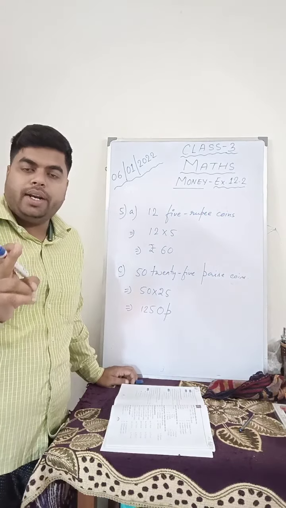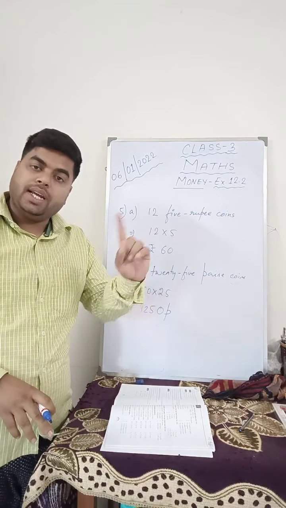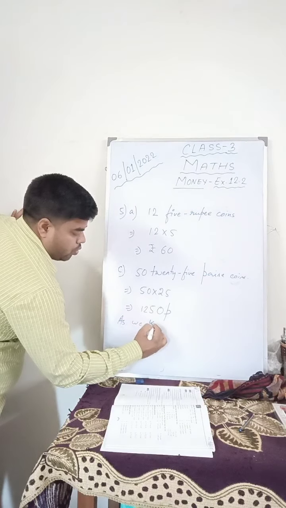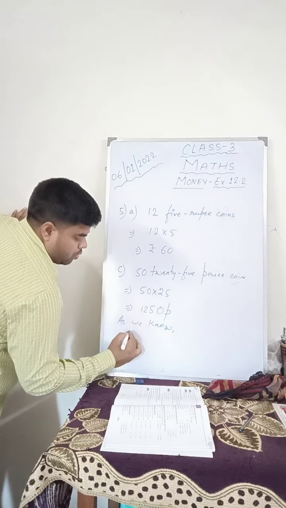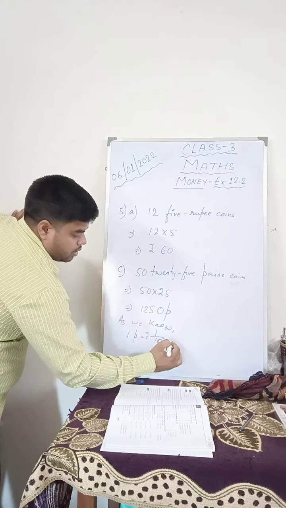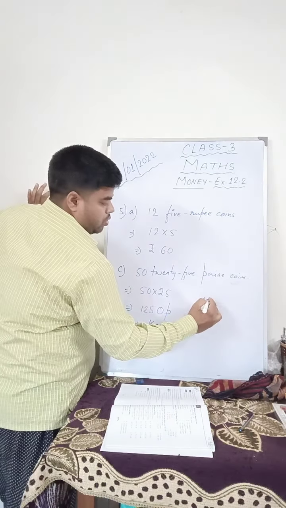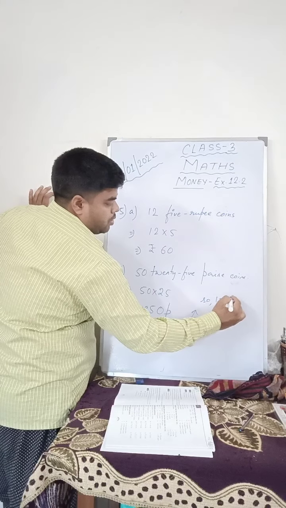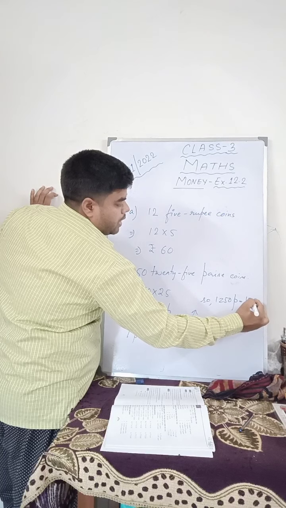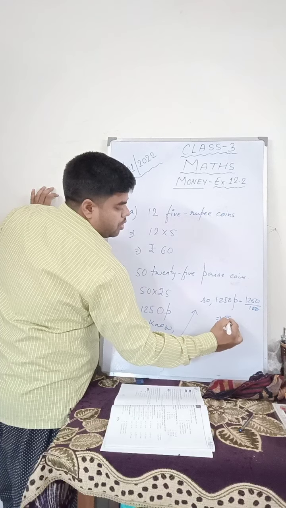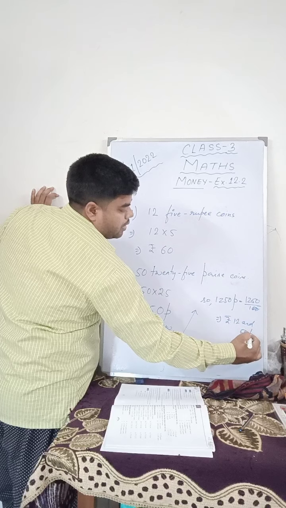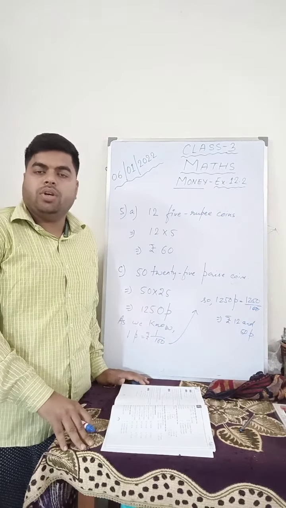But they have already asked you to convert to rupees and paisa. So if you divide again, as we know, 1 paisa is equal to 1 by 100 rupees. So 1250 paisa is equal to 1250 by 100. You cancel and put a decimal. You will have rupees 12 and 50 paisa. This is how you have to convert.